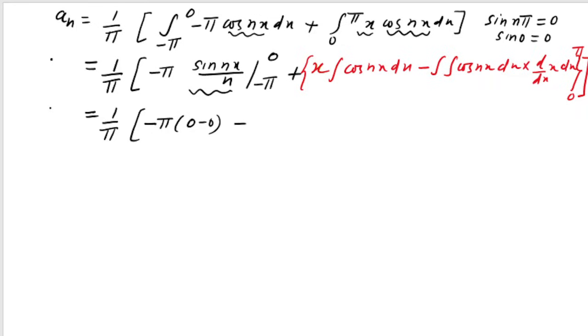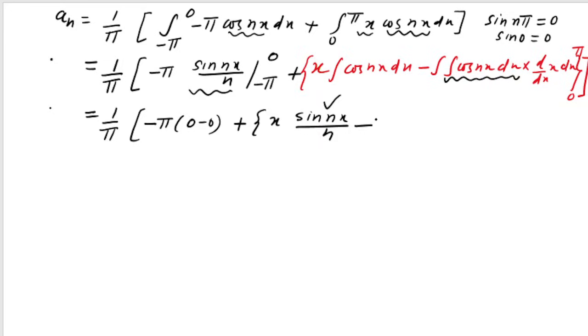And then plus I have x, integration of cos nx is sin nx by n, and minus this term here will also give you sine nx by n, right? And derivative of x is equal to 1. So I have to integrate sine nx by n again.